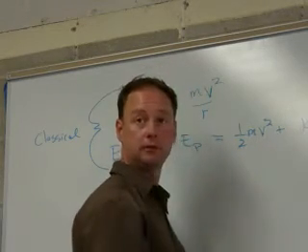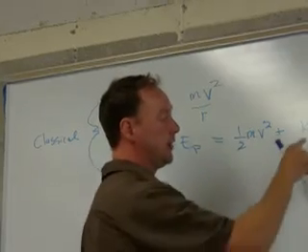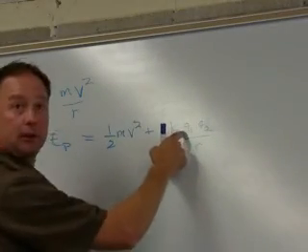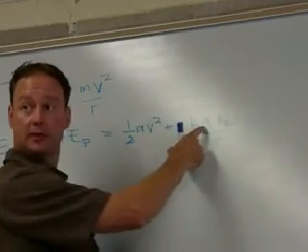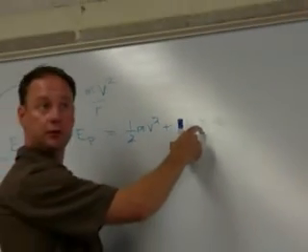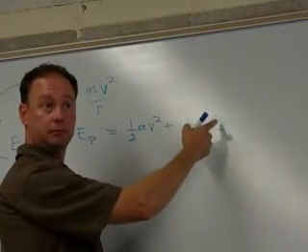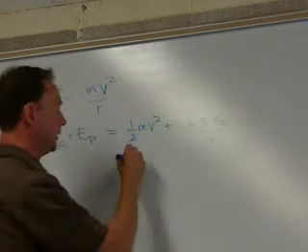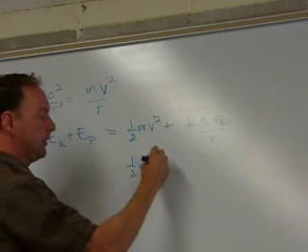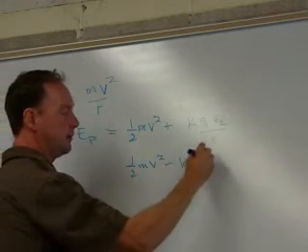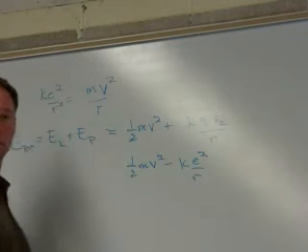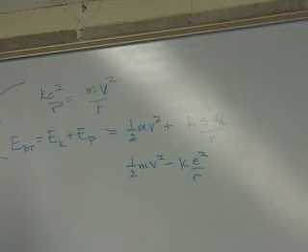What is the charge of the electron? We'll say that's minus e. And the charge of the proton? Plus e. So this is really 1/2 m v squared minus k e squared over r. I just wanted to make that suggestion so we can talk about it.